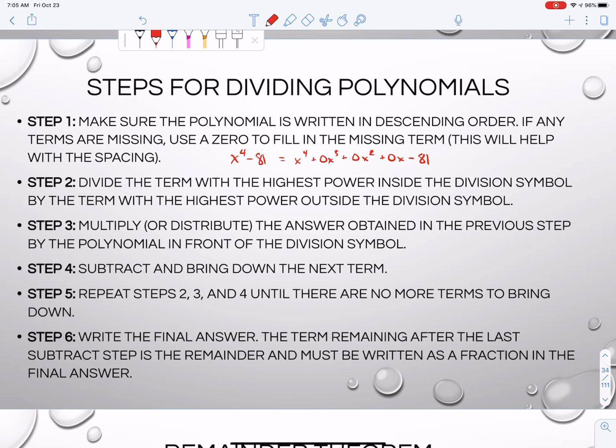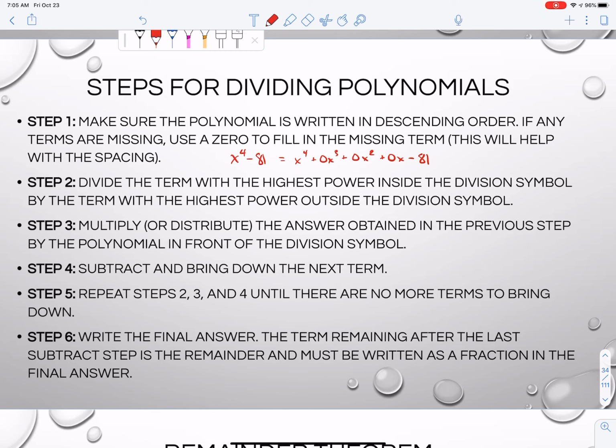So I'm going to get a new polynomial, and I'm going to write it underneath. You're going to need to use parentheses because I'm going to subtract that entire line. So if we're subtracting the entire line, make sure you distribute that negative to each of those terms in that polynomial. Then we're going to repeat steps 2 through 4 until there are no terms left to bring down.